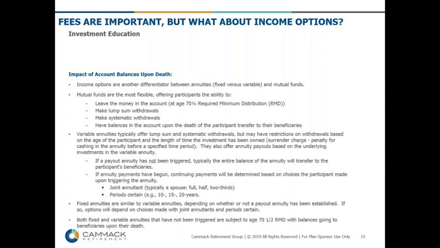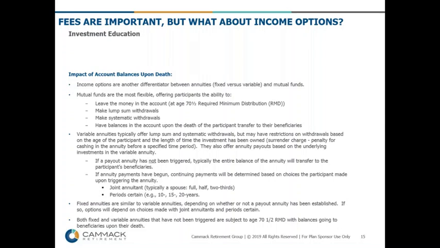And the answer is, well, if you chose a period certain, it could be like 10 years, 15 years, 20 years, whatever you chose, that money actually would go to your beneficiaries, typically your children or some other relative or a charity, whomever you decide to leave it to. So that period certain makes sure that people get their money out of their account, but at the same time, there's a cost for adding that period certain on as well.